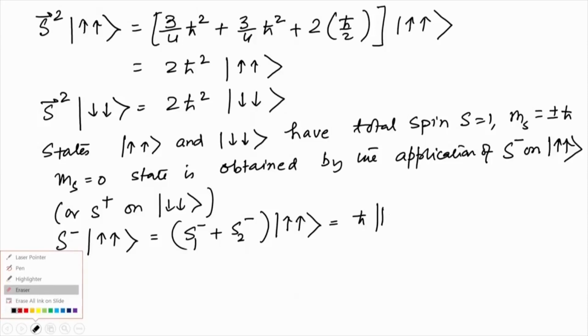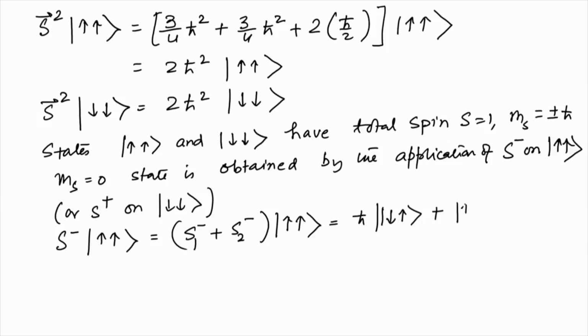The first one will lower, so it is a down up plus an up down. S2 will lower the other one, with an eigenvalue which is given by H cross.